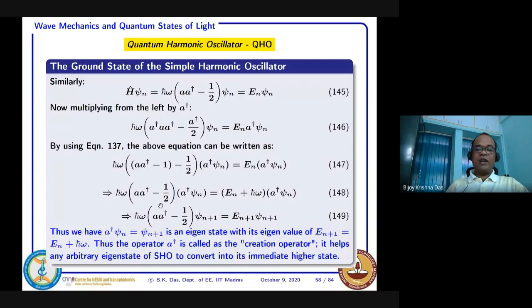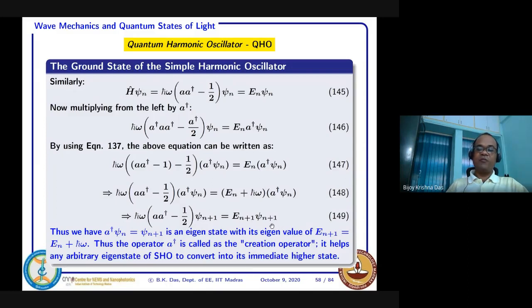So you get another Hamiltonian here, ultimately, as shown in equation 145. This you can denote as ψ(n+1), because your energy is increased by ħω. So energy is higher now, one unit higher: E(n+1), ψ(n+1).